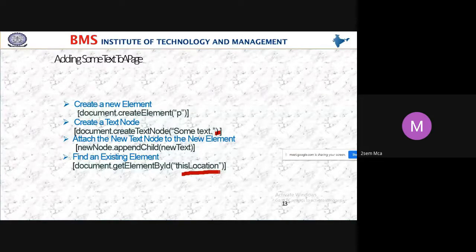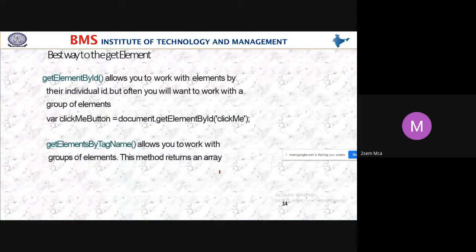These are some of the methods which we use, and the best way to get the element is getElementById. It allows you to work with elements by their individual ID. But often you want to work with a group of elements.